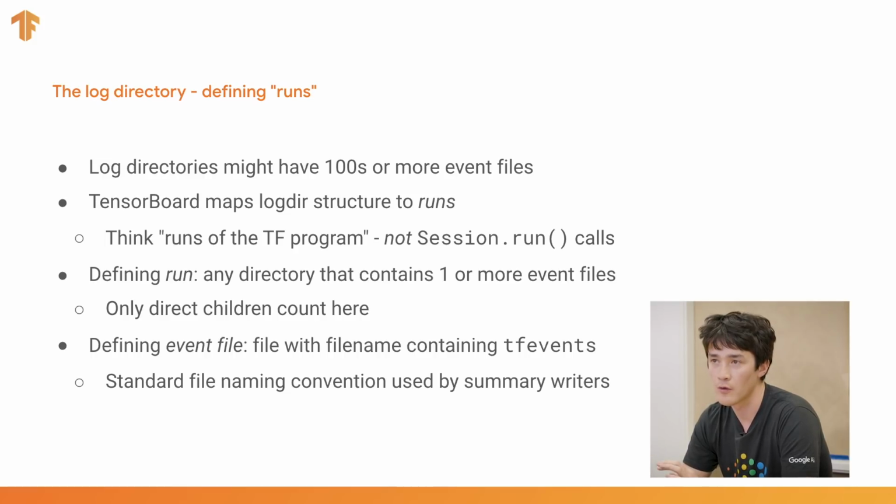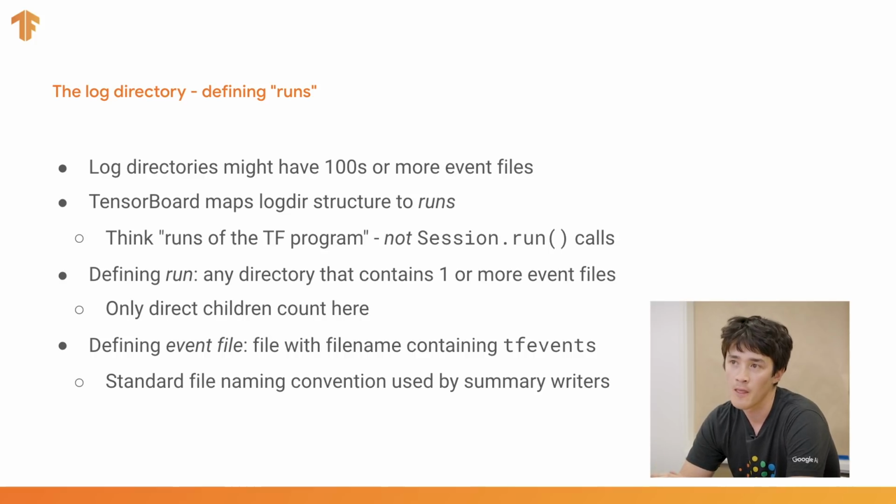And so TensorBoard tries to take advantage of structure in the log directory by mapping subdirectories of the logdir to this notion of runs, which we talked about a little bit in the early section about the TensorBoard UI. So again, these are runs like a run of a program, they're not individual session.run calls.